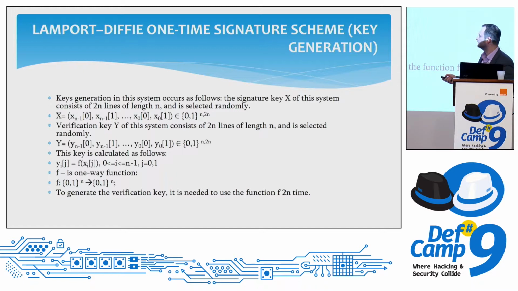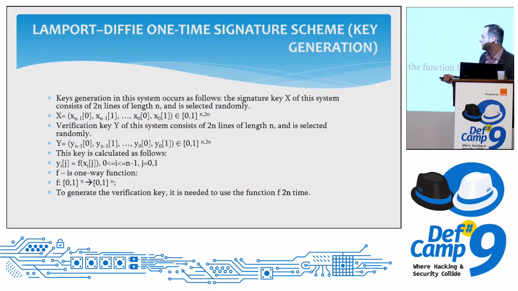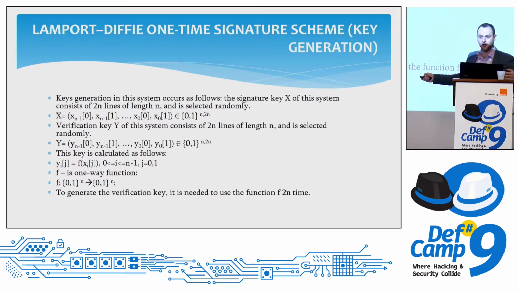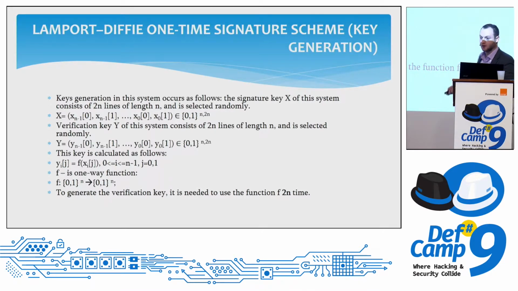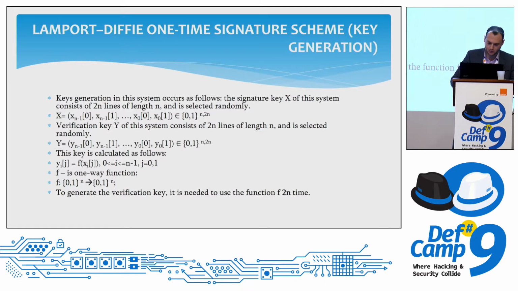So here you see X are our signature keys, Y are our verification keys, and how are they obtained? We apply f, a one-way function. What is f? f is a one-way function that maps n bits to n bits. And in the Lamport signature scheme, as you see, we need to apply the function 2n times. And we will use this result.